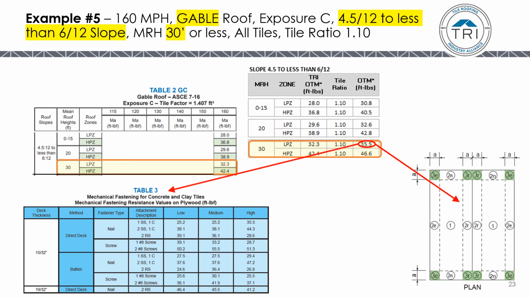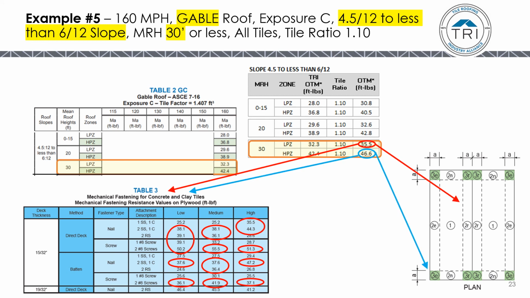As you can see on table 3, those fastening methods will work at 160 mile an hour gable roof exposure C, 4.5 on 12 to less than 6 on 12. On the HPZ zones on table 3, you have those fastening methods. So you're constricted a little bit on the high pressure zones and mechanically fastening to just those methods.